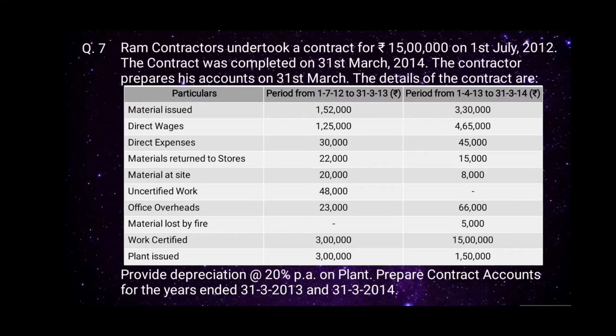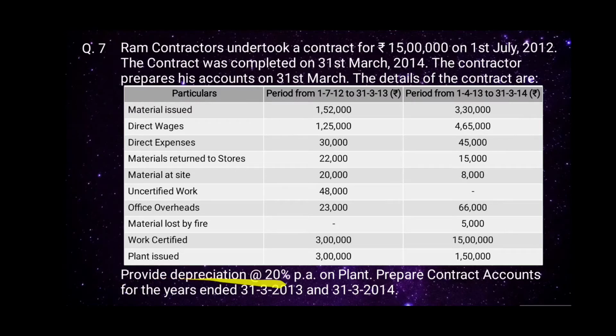In the particulars column, the expenses are given, that is materials issued, direct wages, direct expenses, materials returned to stores, materials at site, uncertified work, office overheads, material lost by fire, work certified and plant issued from 1st July 2012 to 31st March 2013 and for the period from 1st April 2013 to 31st March 2014.